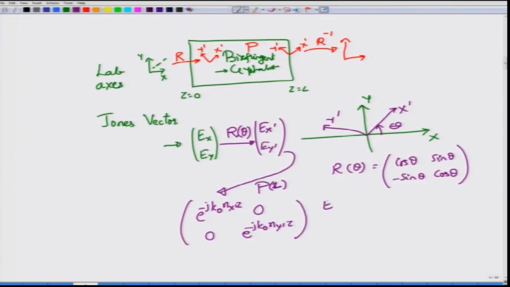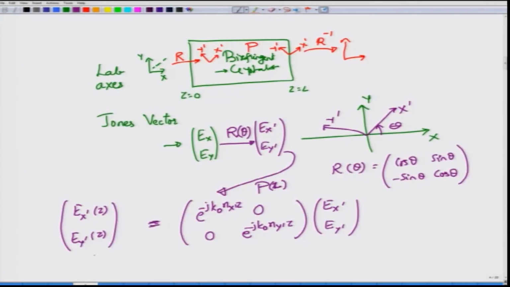You are going to multiply this propagation matrix to Ex prime Ey prime to obtain Ex prime at z and Ey prime at z, that is right at the output or at any distance z in the crystal axis. This is what you would have actually obtained, right.